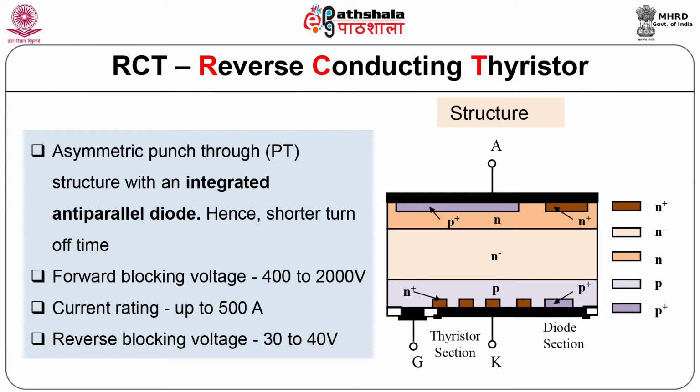Therefore, it requires very short time to turn off. It has high forward blocking voltage, current rating up to 500 ampere, but reverse blocking voltages at transients are limited to 30 to 40 volt.